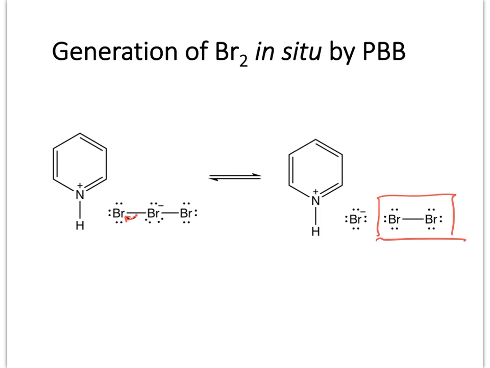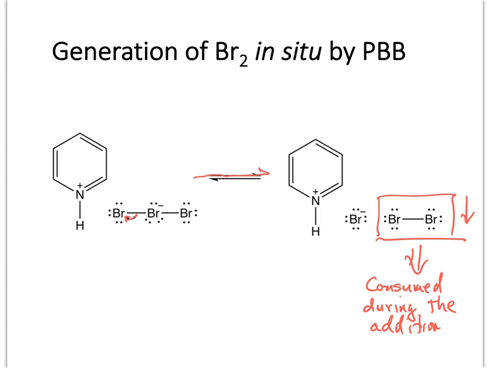This is an equilibrium reaction, but the molecular bromine is consumed during the addition reaction. That consumption of the molecular bromine drops its concentration in solution. That pulls the equilibrium toward product to replace that, right?